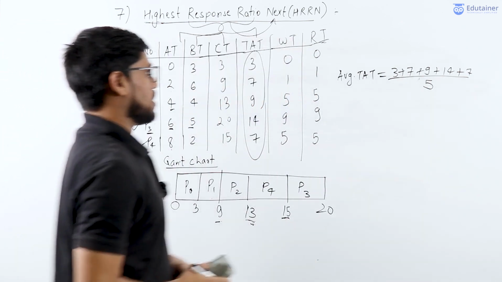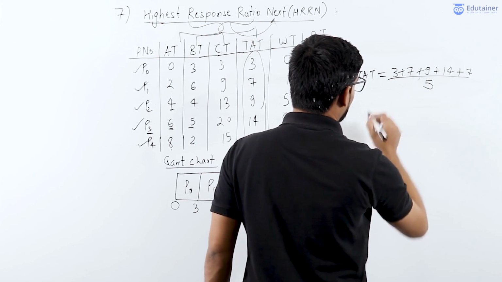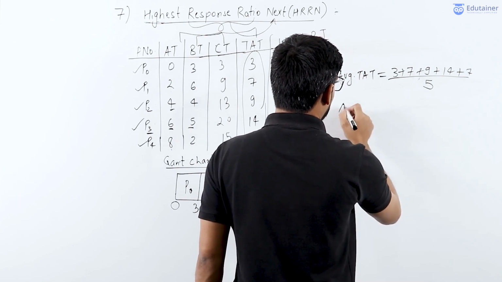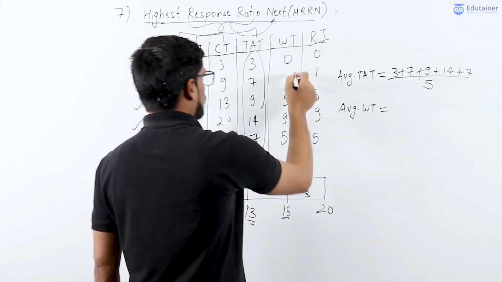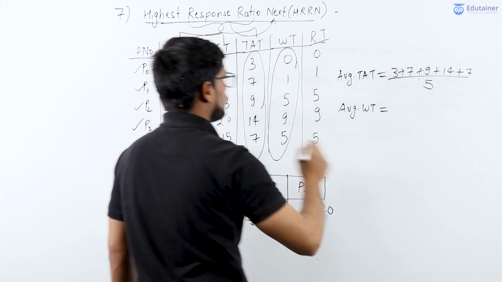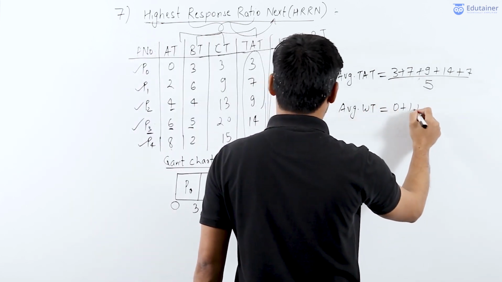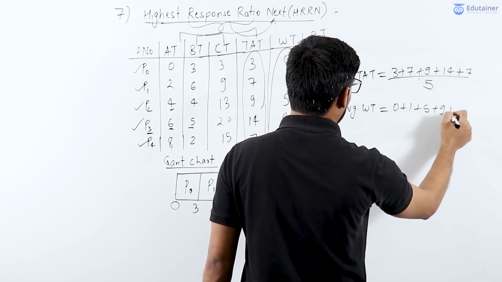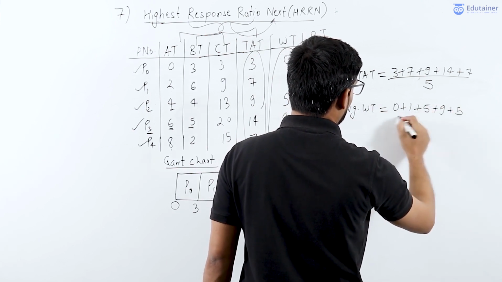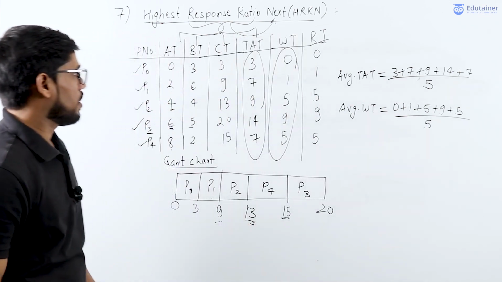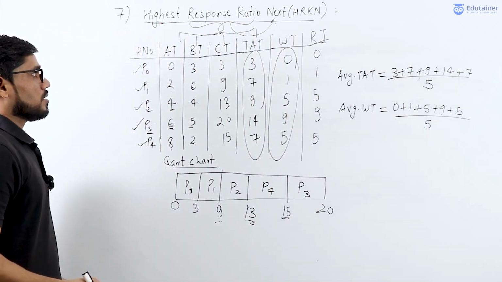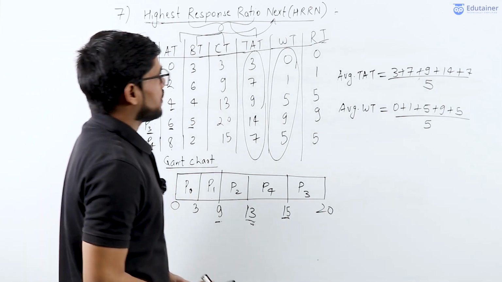Here 5 processes are available, so I will divide by 5. Similarly, average waiting time will be: add this column, 0 plus 1 plus 5 plus 9 plus 5, divided by 5. You will get the average waiting time. So that's all about highest response ratio.